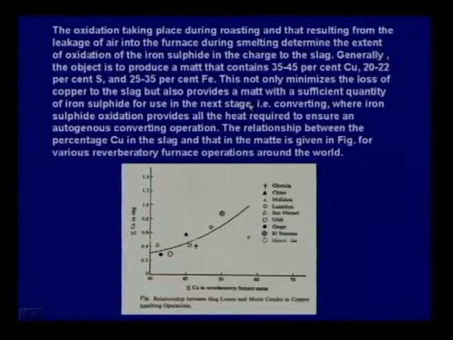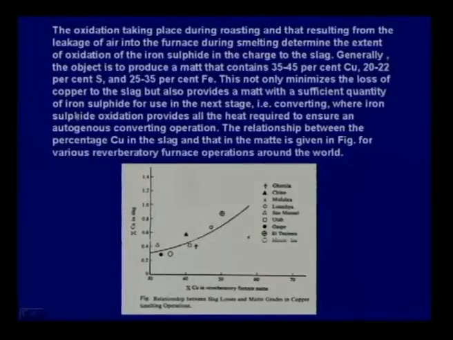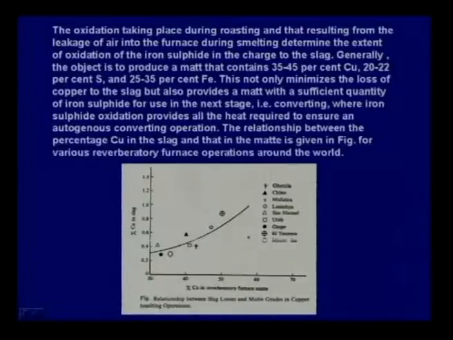Now, in the next stage, where there is converting, the iron sulphide oxidation will provide all the heat required to ensure an autogenous converting operation. You need to have a certain amount of iron sulphide, because that will oxidize and give you a lot of heat, so that you do not need any extra heat in the converter.